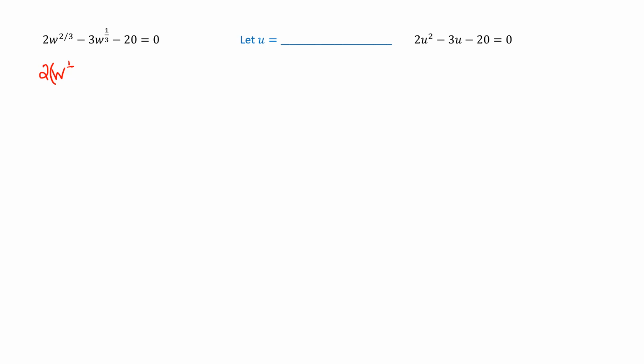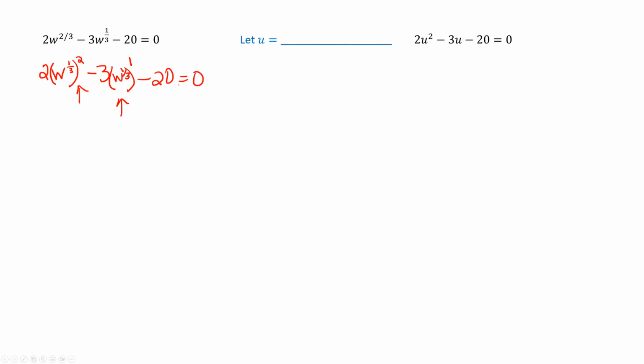It is something kind of like x squared, and then that same thing raised to the first power, and then a constant. So this can be written as a quadratic.